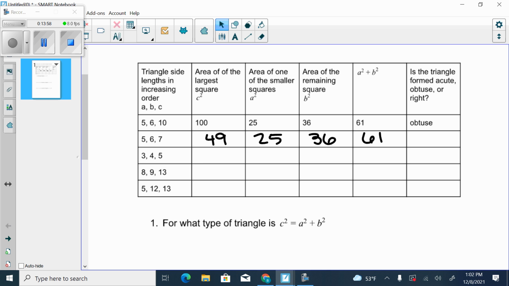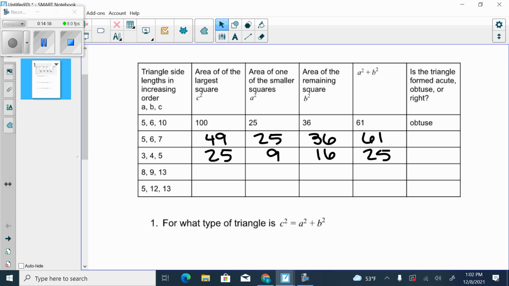All right, so what is my hypotenuse squared going to be? 25. And what is our A squared going to be? And our B squared? 16. Good.